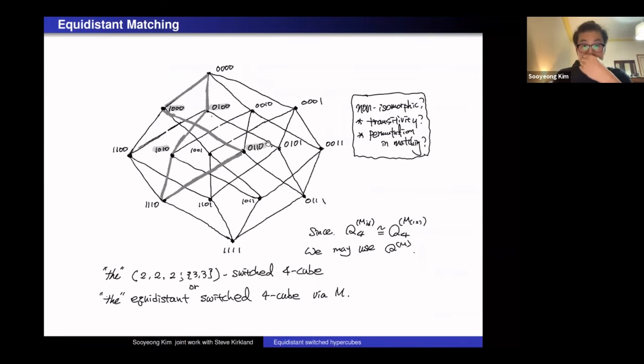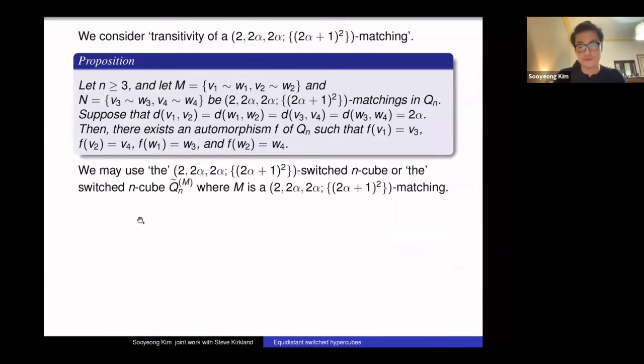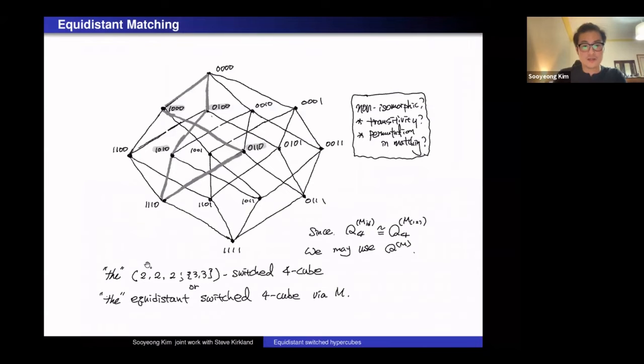Then here, if that matching is transitive to another equidistant matching, then we may use the article 'the' here instead of 'a', because we can identify all this type of matching with one particular matching. So that's why we can use the article 'the' here.